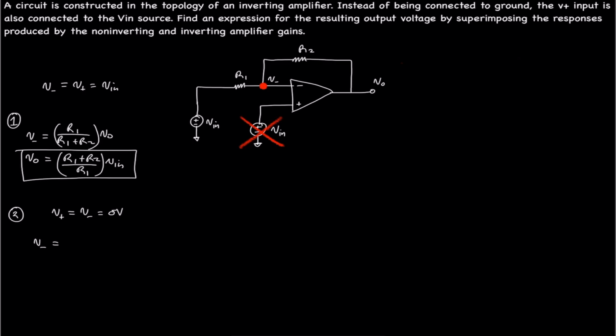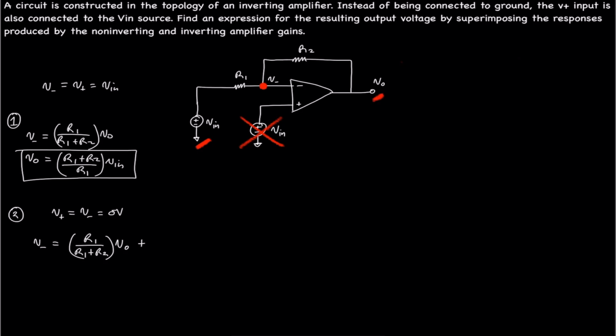Then we can use a voltage division, or we can use superposition, and ground V out and ground V in. Let's ground V in first. If we ground V in, the voltage across R1 by voltage division is R1 divided by R1 plus R2 times V out.